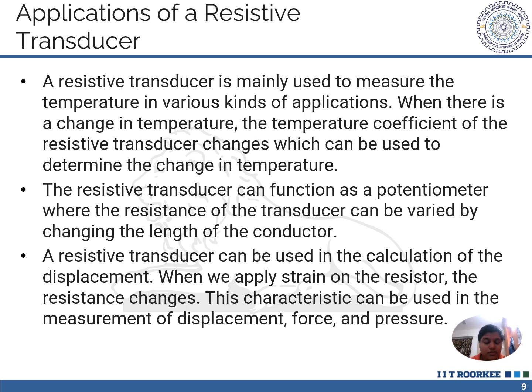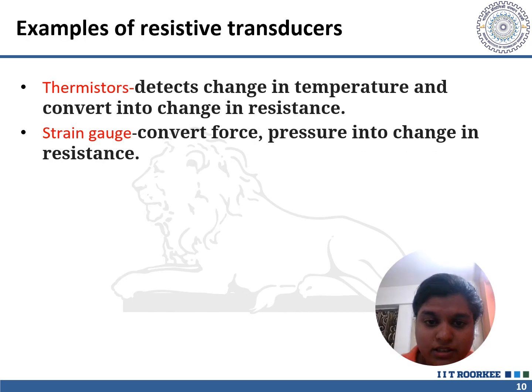It can function as a potentiometer, where the resistance of the transducer can be varied by changing the length of the conductor. As we have already discussed the proportionality of length with respect to resistance, a resistive transducer can be used in the calculation of displacement. When we apply strain on the resistor, the resistance changes. The characteristic can be used in the measurement of displacement, force, and pressure.